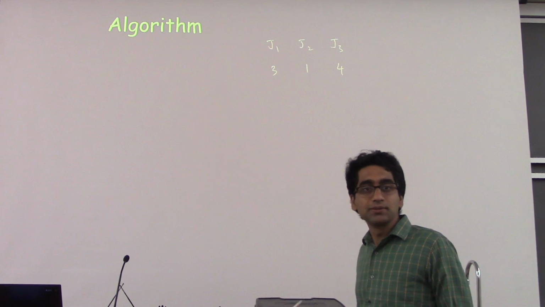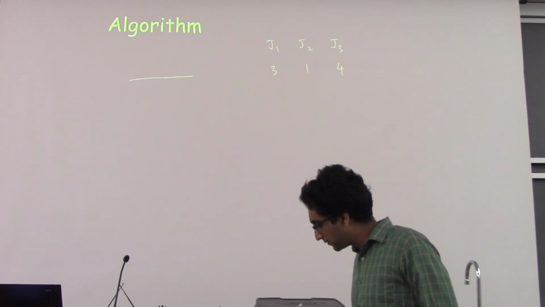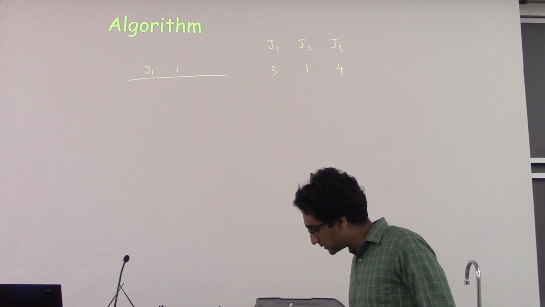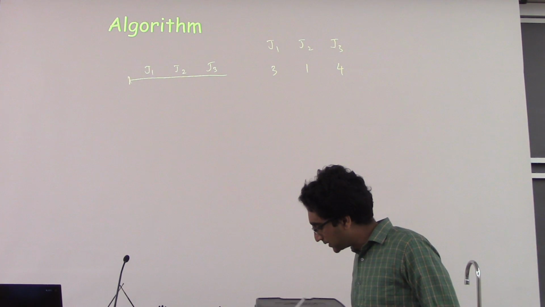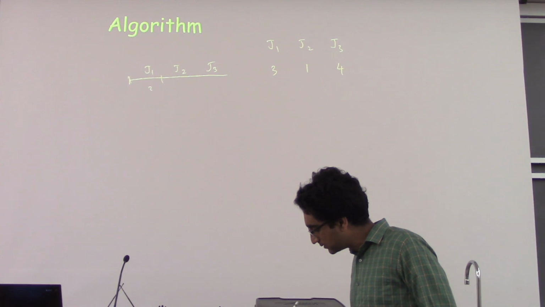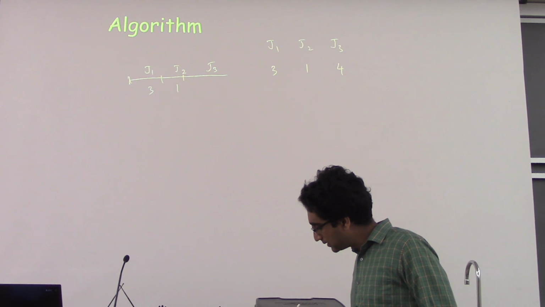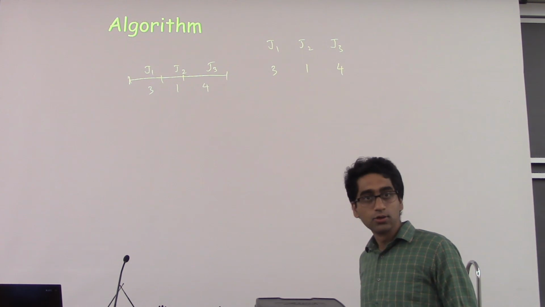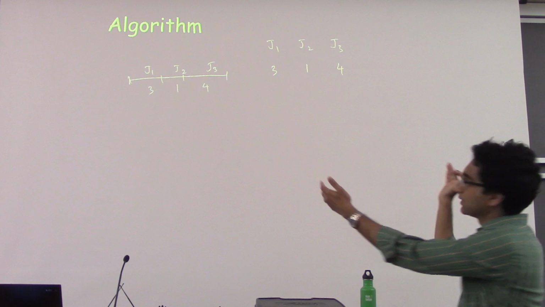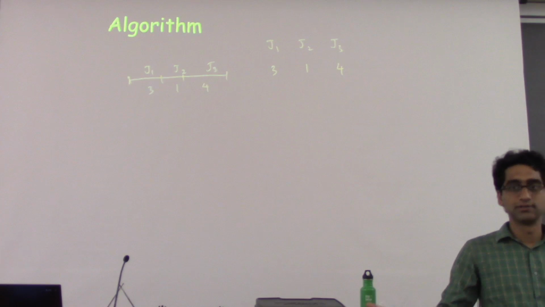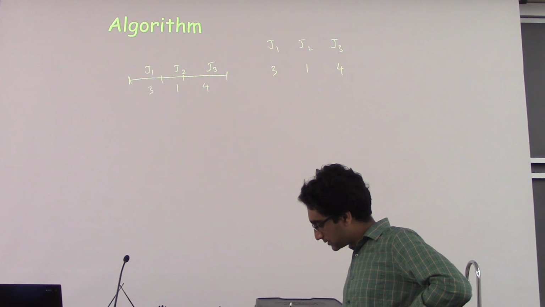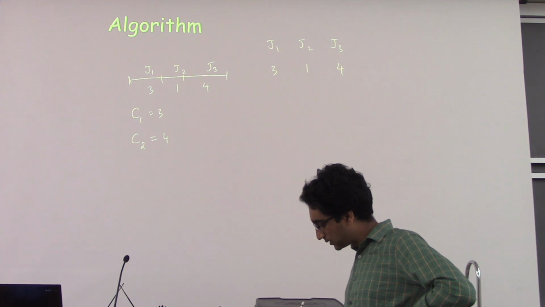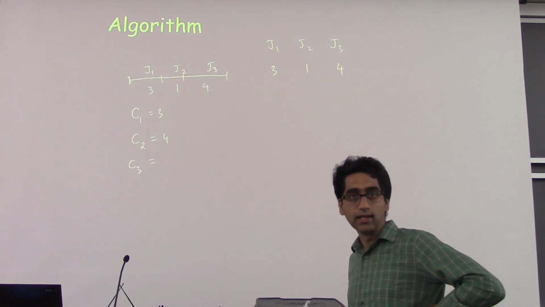Let's take two possible schedules. The simplest one is where you first schedule J1, then J2, then J3. What's the cost of this? J1 takes 3, J2 takes 1, and J3 takes 4. Note that the total length of the schedule is always the same, it's just the sum of the Pi's, but the objective is slightly different. So now we have C1 equals 3, C2 equals 4, and C3 equals 8.